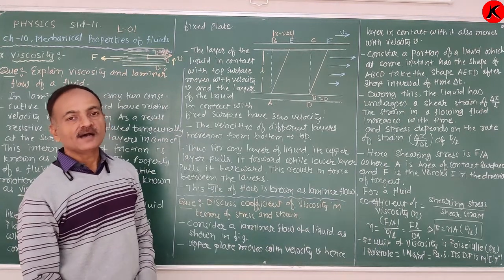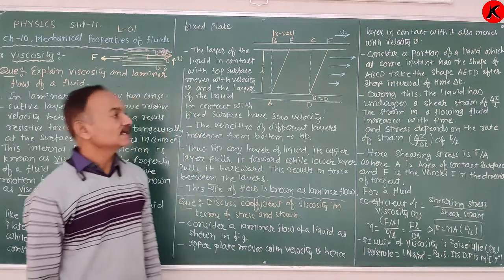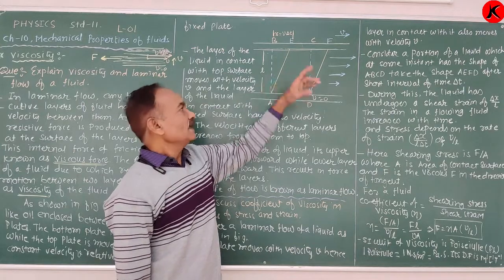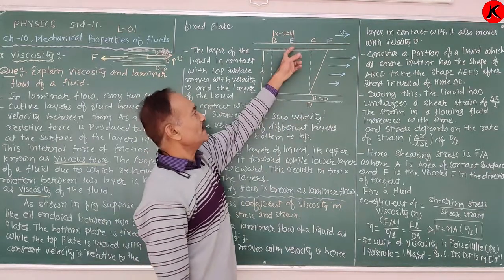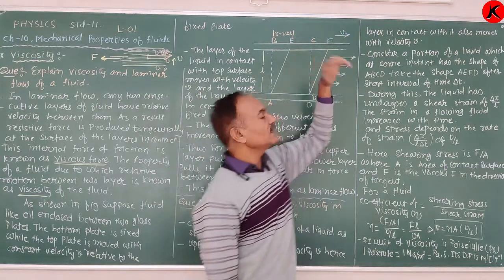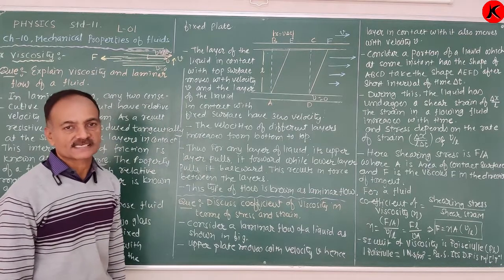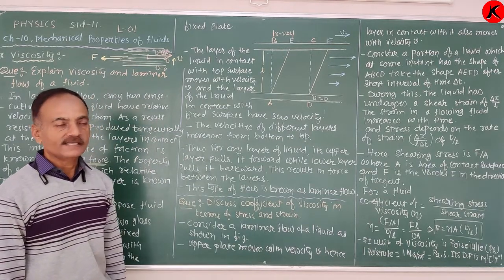Again, to explain the viscosity and also the laminar flow, how that is realized, we consider a fluid like oil enclosed between two glass plates. The upper glass plate moves with a constant velocity V, while the lower glass plate is fixed, that means stationary. It is not moving. Right?